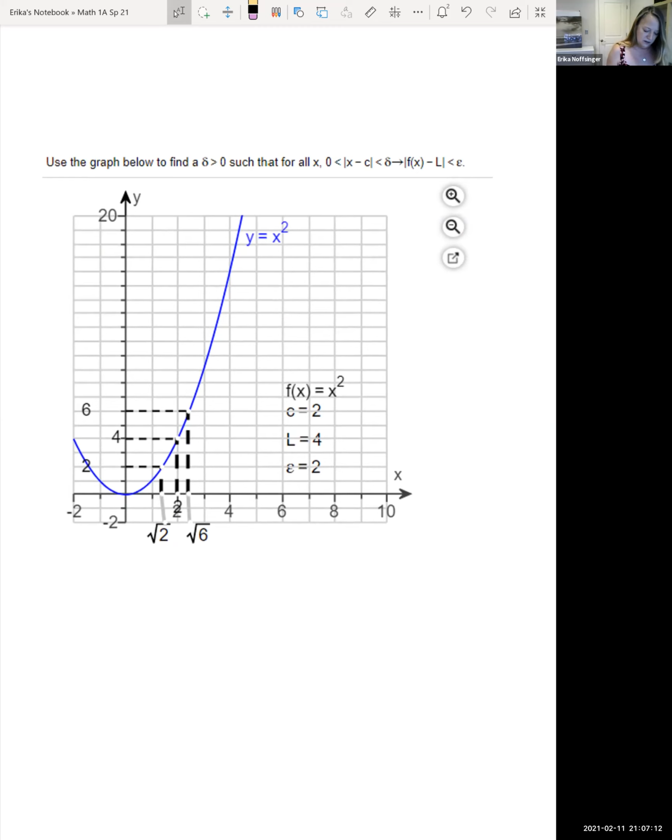It shows us what we're going to approach. It told us that f of x is equal to x squared. Our c value, which we're getting closer and closer to, is equal to 2. The limit that it's approaching, we can see on the graph, is 4. And epsilon is 2, so that distance above and below what we're approaching is 2.